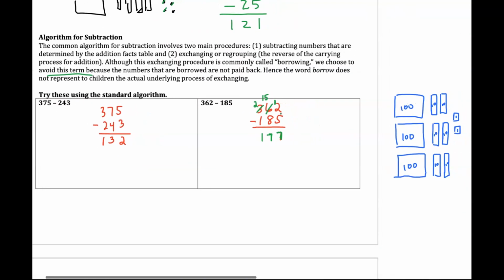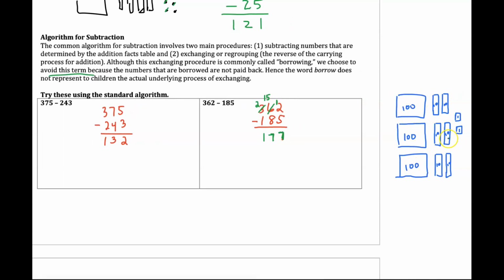Again, if we wanted to look at that, here's 362. And so what's happening on that problem is when I try to take away the 5 ones, there's not enough ones. And so what we do is we break up one of these tens, and then you end up with what we had there is 12 ones.